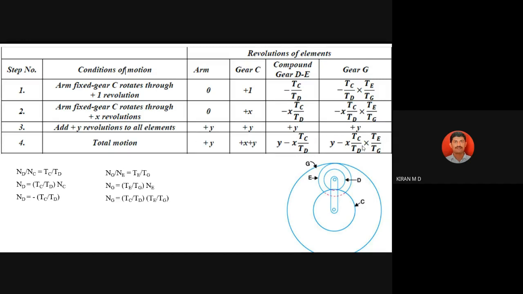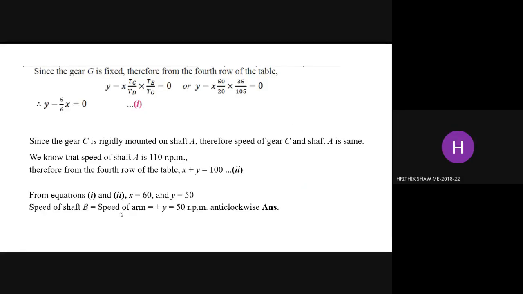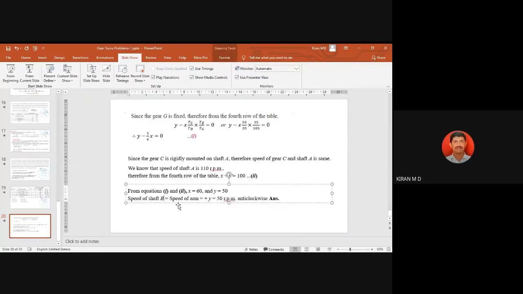Is it clear? Sir, the speed of shaft B will be equal to the speed of compound gear DE. Yeah, compound gear DE. That's one thing. Actually, I have not calculated. Sir, but in the last slide you have written speed of shaft B equals speed of arm. This one, right? No, this is wrong.